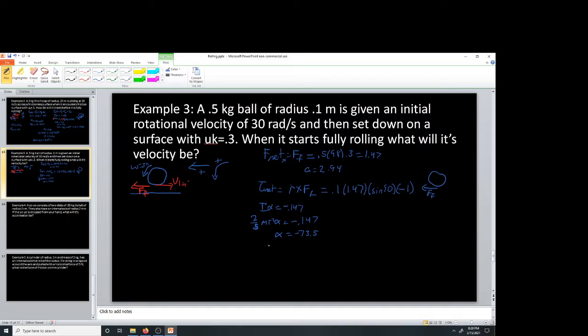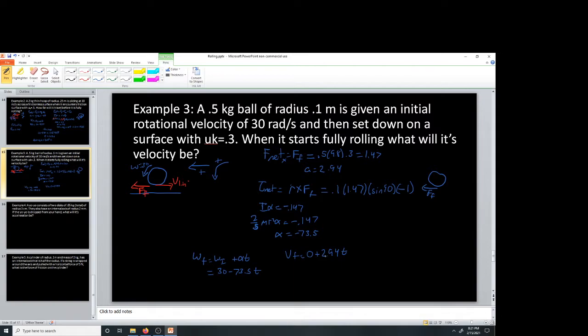So it's pretty cool. So then we go that omega final equals omega initial plus alpha t, which is 30 minus 73.5 t, and v final equals 0 plus 2.94 t.